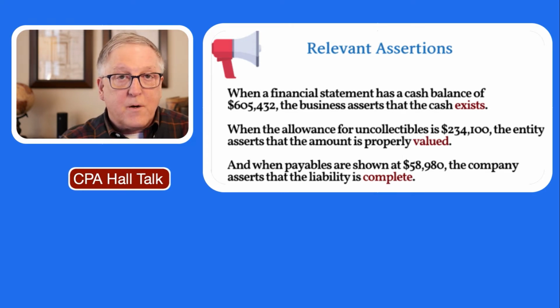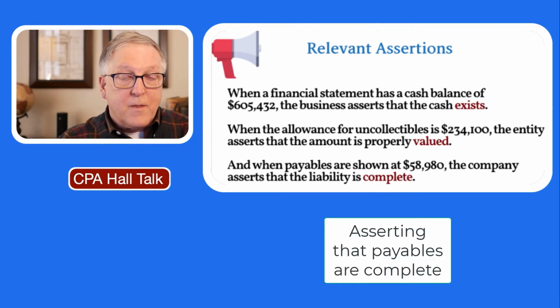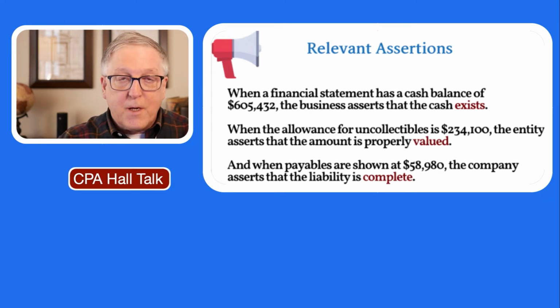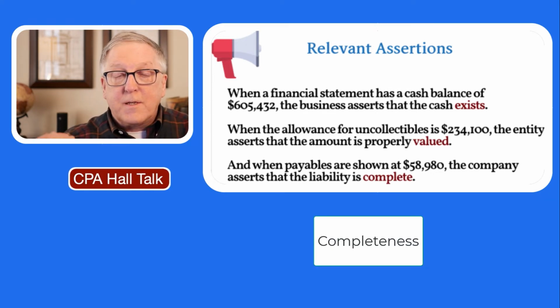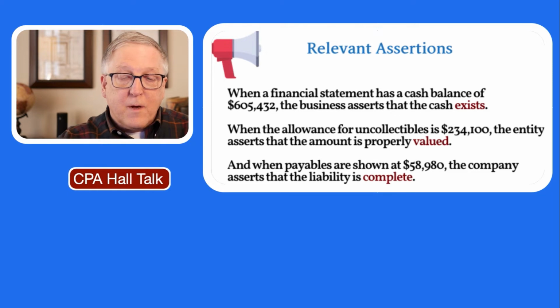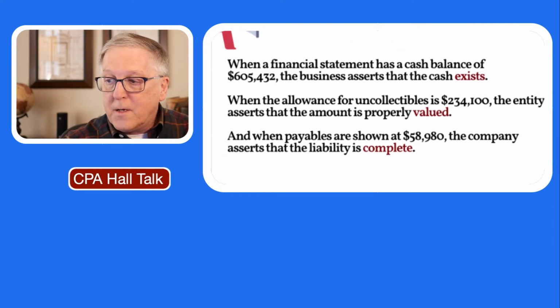So when you see accounts payable on the balance sheet, the business is asserting that that balance is complete. Another assertion, completeness. And they're really saying to you and I on the balance sheet that all of the invoices that should have been accrued at the end of a period are included. So in these examples, we see three relevant assertions: existence, valuation, and completeness.